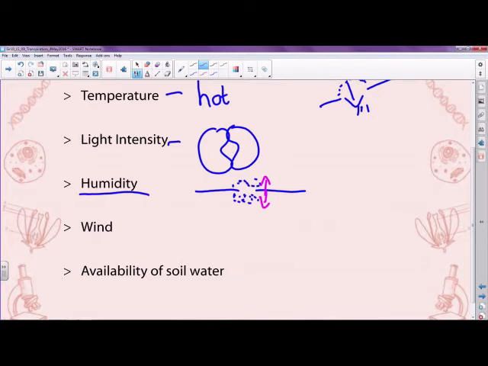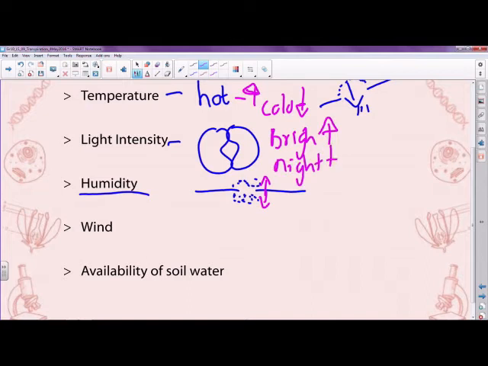So, putting things in: hot is going to increase the rate, cold is going to decrease it. Bright light is going to increase the rate; darkness, nighttime, dim light decrease it. If I have high humidity, I'm going to have a decrease in the rate, and if I have low humidity, I'm going to have an increase in the rate.